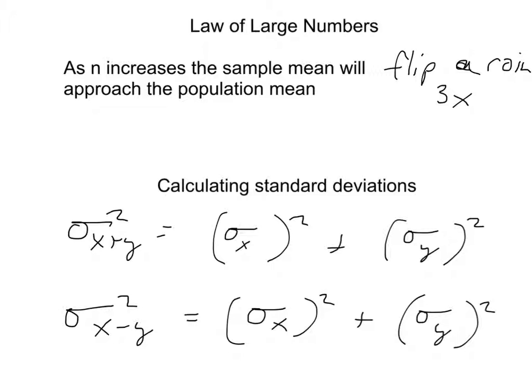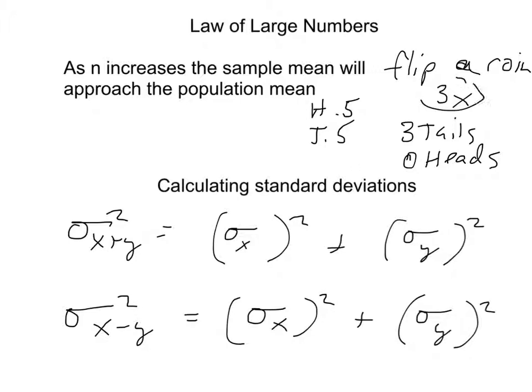Let's say we get 3 tails and 0 heads. The probability of having a head is 0.5, and the probability of having a tail is 0.5 because there's only 2 outcomes, and with a standard coin, it's going to be an equal number. But we're only doing this 3 times, so you're not going to suspect that there's something wrong with the coin if you get 3 tails. You're just going to say, this side was just a little luckier that time. You're not really suspicious.